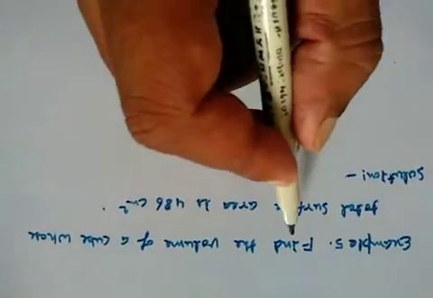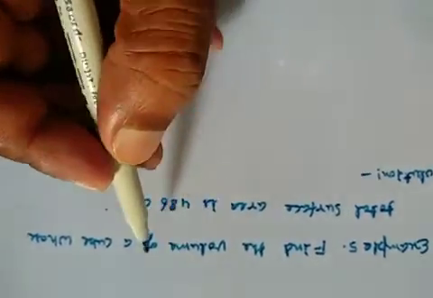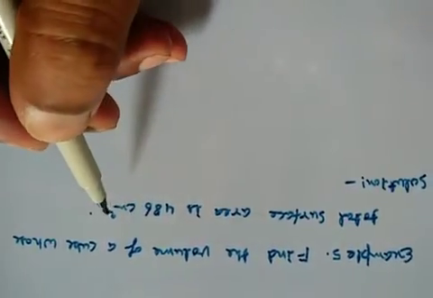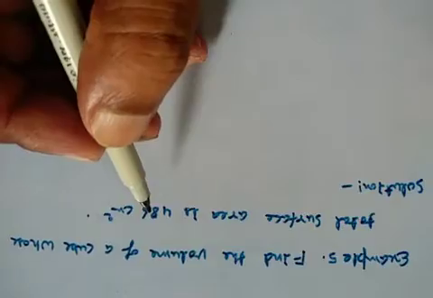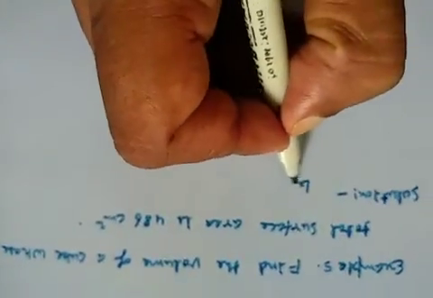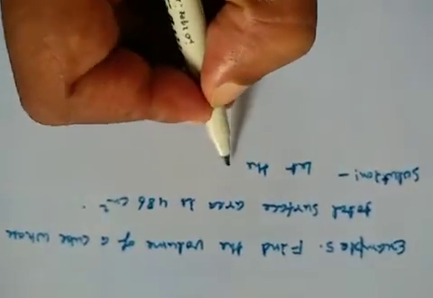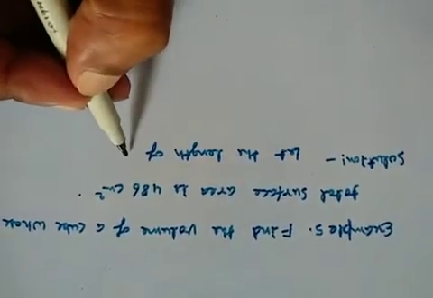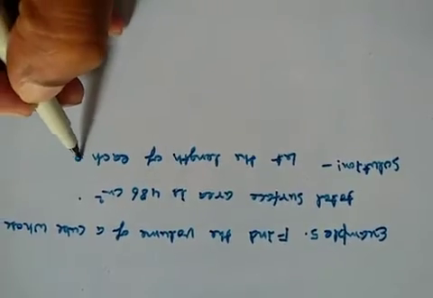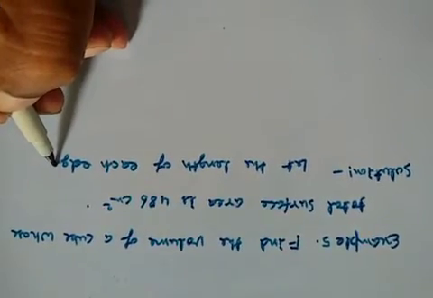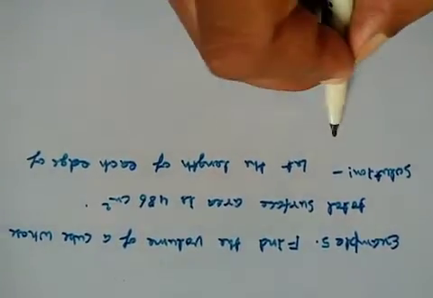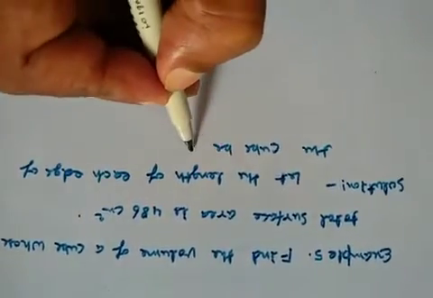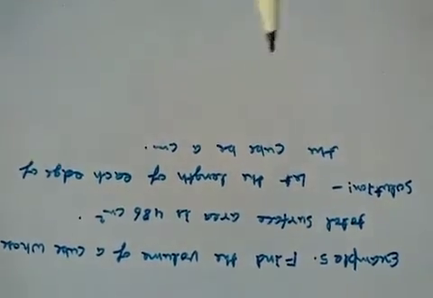Example 5. Find the volume of a cube whose total surface area is 486 centimeter square. Solution. Let the length of each edge of the cube be a centimeter.